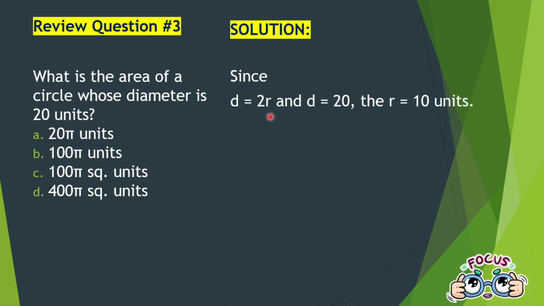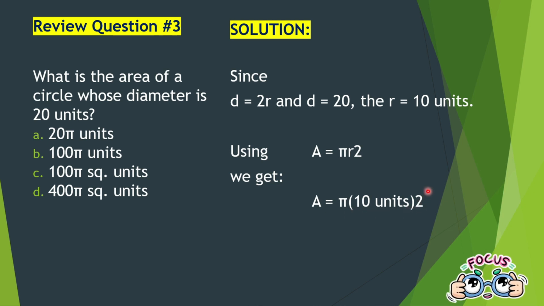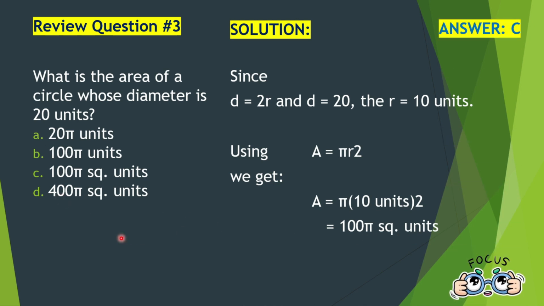The radius is equal to 10, and using pi r squared, area is equal to pi times 10 squared units. This is a square, by the way. So we have 100 pi square units. So letter C is the answer.